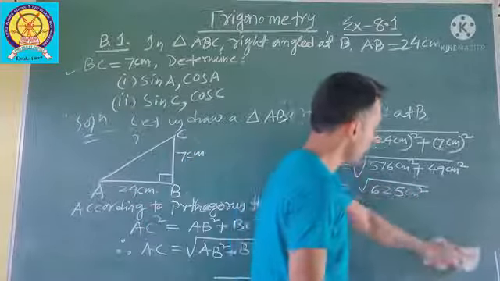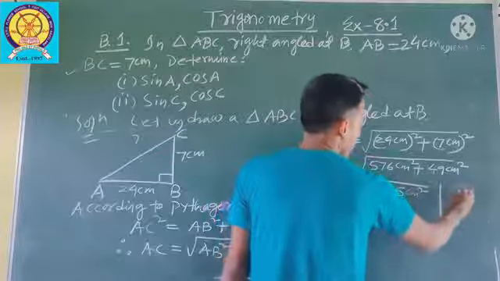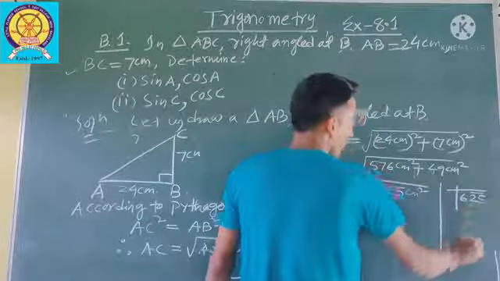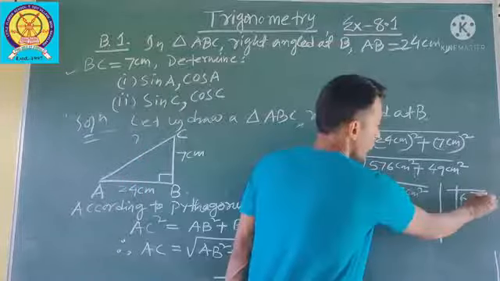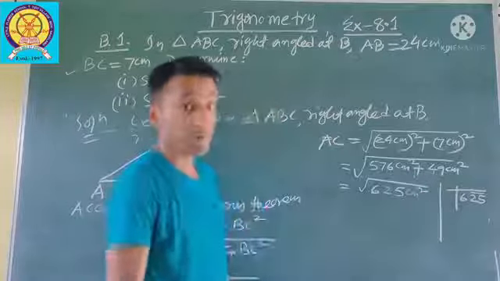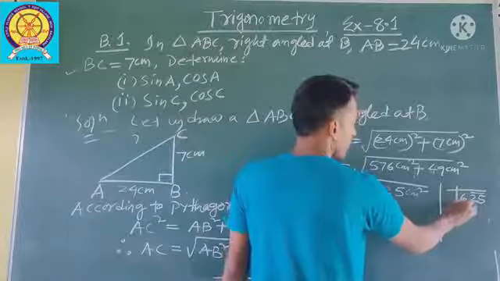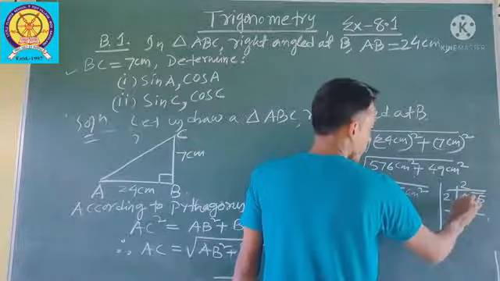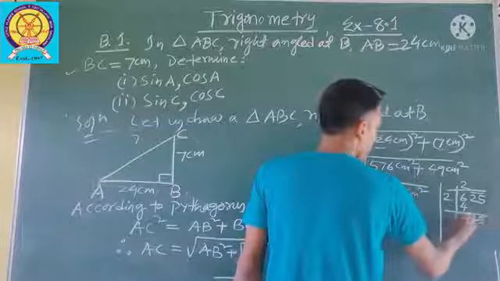Now we have to find the square root of 625. In the lower class we learned the long division method to find square root. In the long division method, first we make pairs from the right side. So this 6 is single, so take 6 first. 2 into 2 is 4. 6 minus 4 is 2. Now bring down this 25.